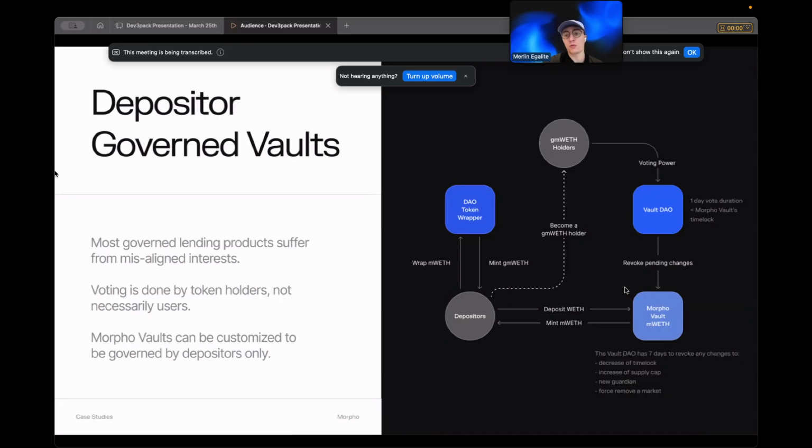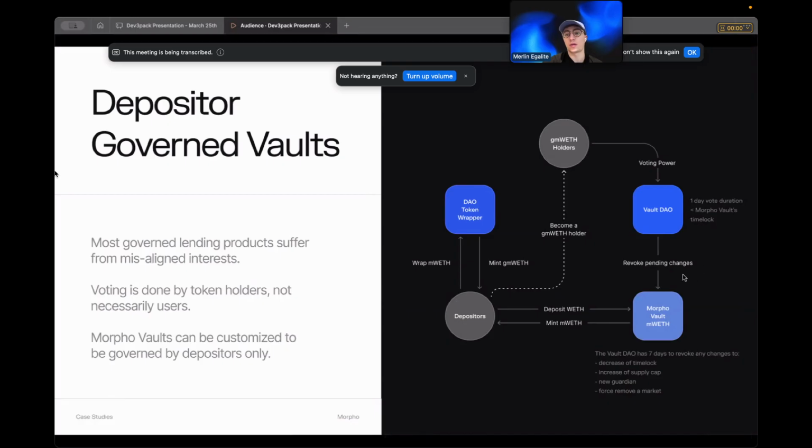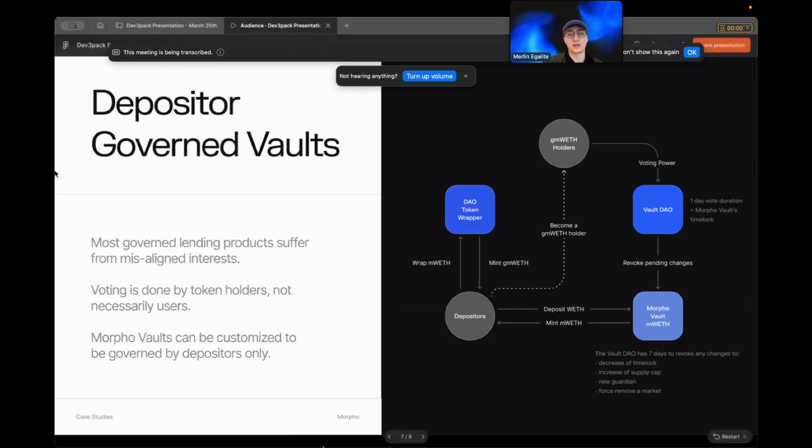So this is a way you can create fully non-custodial vaults with some sort of counter power against the curator and the owner of the vault that are in theory in control of the vault. But it's basically the voice of the users that they have a say using that system. Yeah, so that's it on the integration side of things.